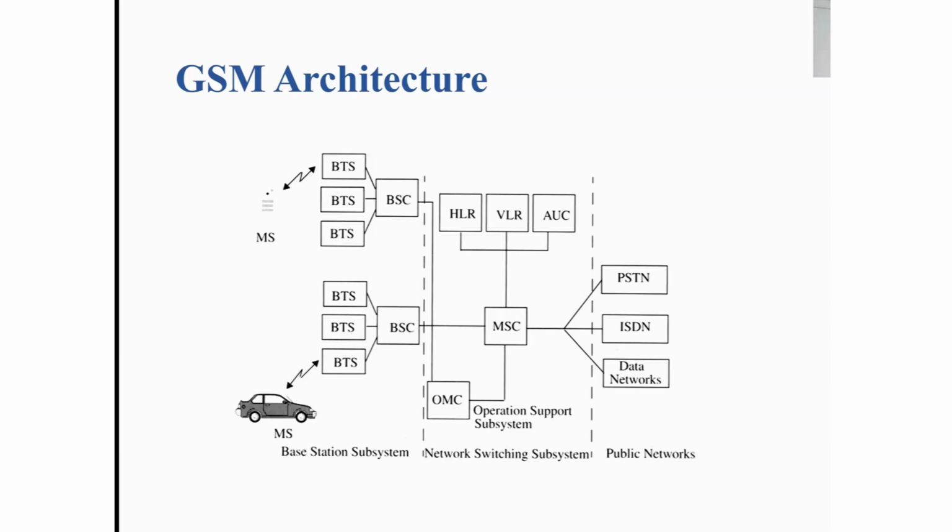So after the call reaches from the MSC to the BSC, the BSC first forwards this information to the HLR to see whether the user belongs to our home location.